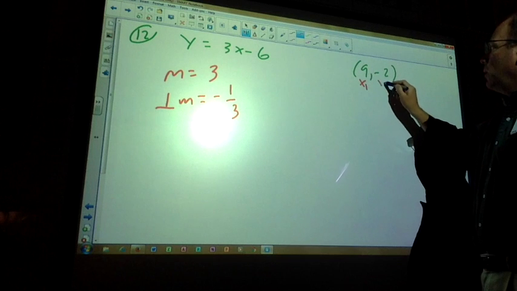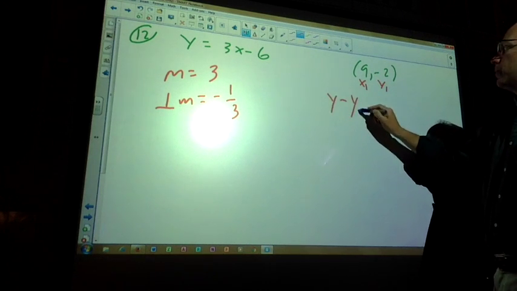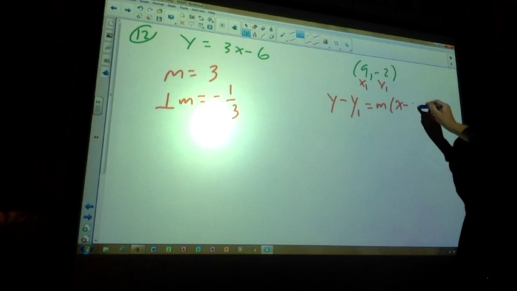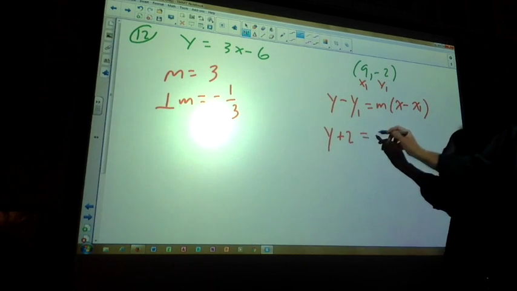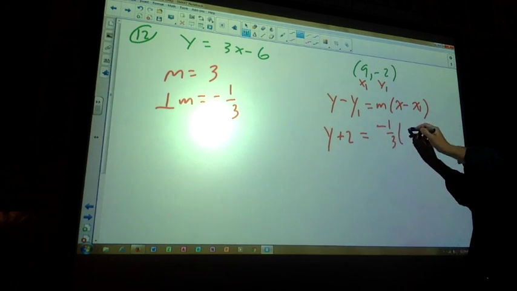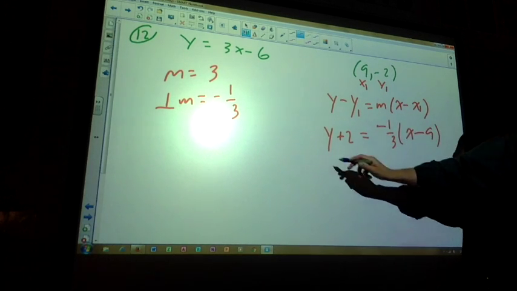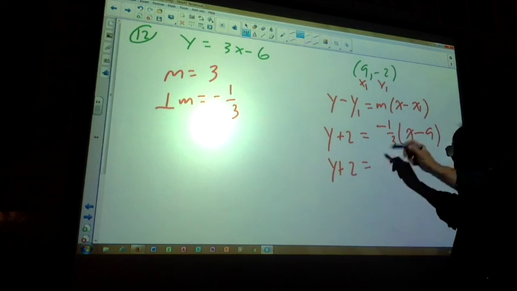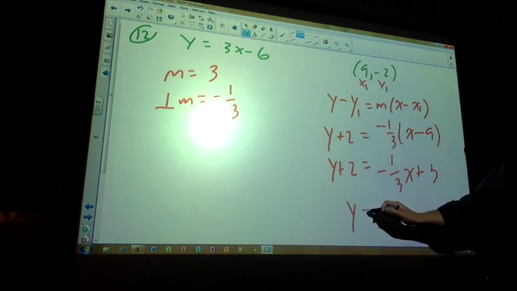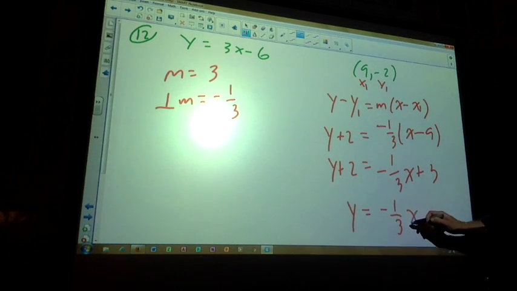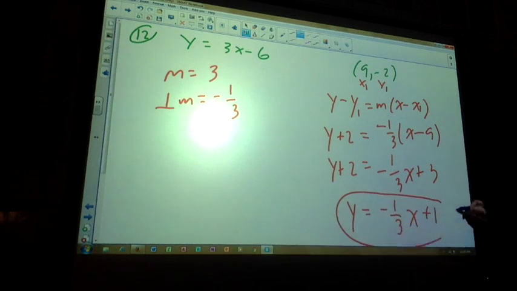So x1, y1. Use our point-slope. We get y minus 2 equals -1/3 times x minus 9. Distribute. Plus 3. Subtract 2. Done. Nice.